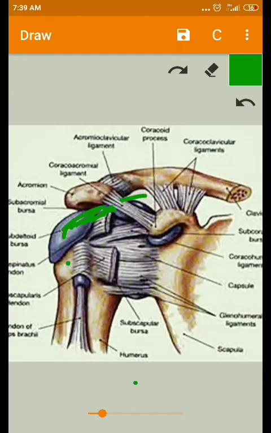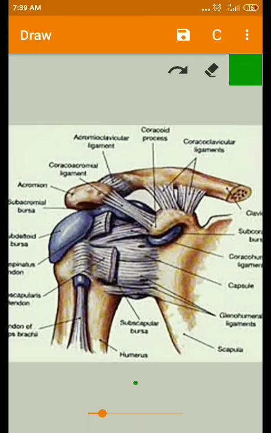Out of all those bursae, this subacromial bursa is very, very important. And it is formed by two bursae. One is the subacromial bursa in continuation with the subdeltoid bursa. Both are collectively called the subacromial bursa.